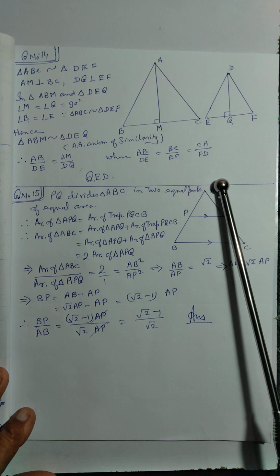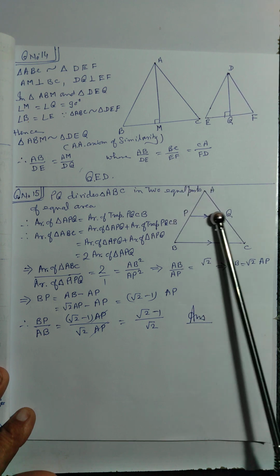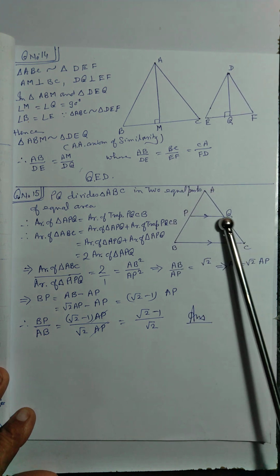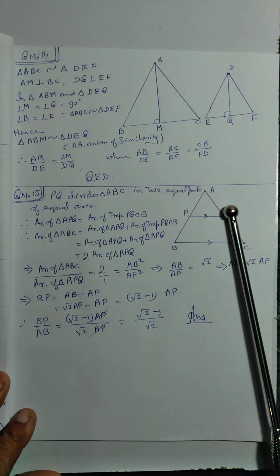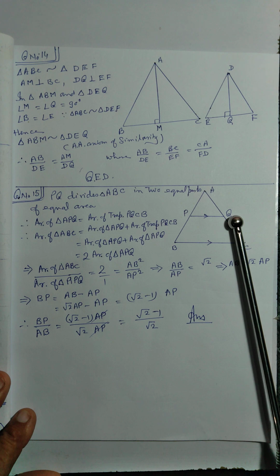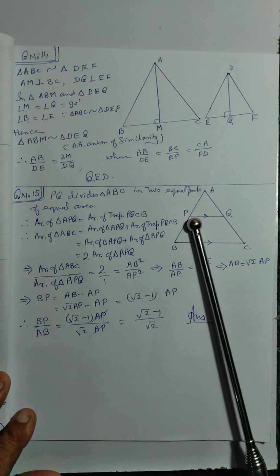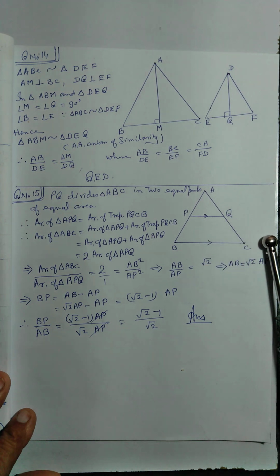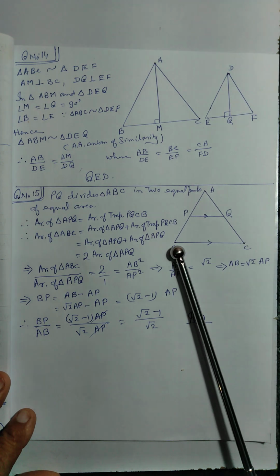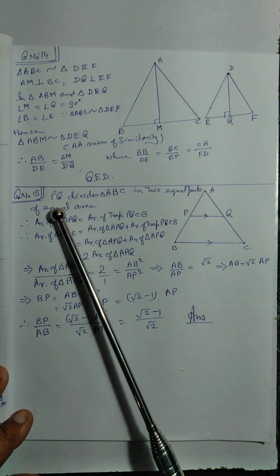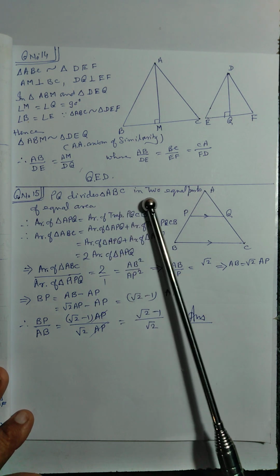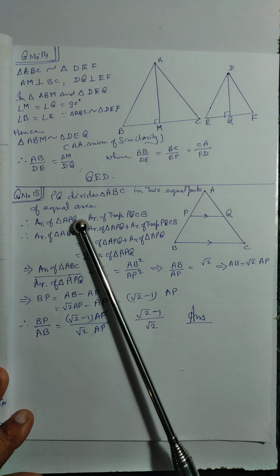BC के. और PQ क्या करता है? ABC ट्राइंगल को टू इक्वल पार्ट्स में डिवाइड करता है in case of area. So area of APQ will be equal to area of trapezium PQCB.